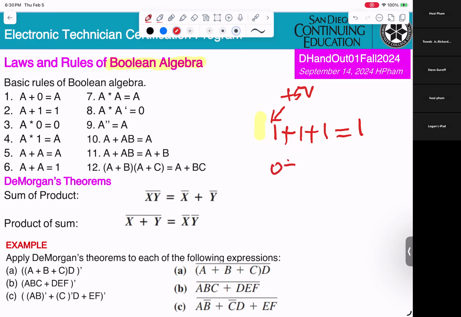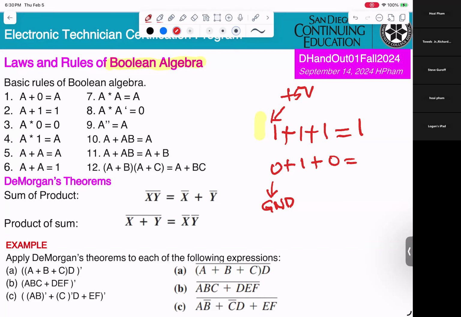Logic 0 is 0 volts. So in the computer system you get only two: either logic 1, 5 volts, or logic 0, 0 volts.